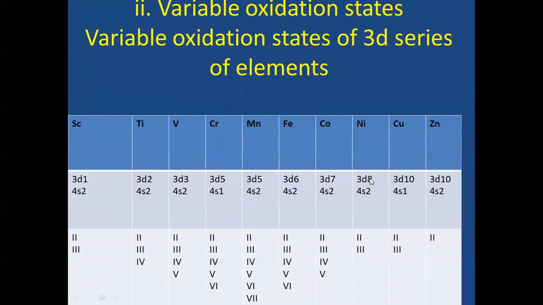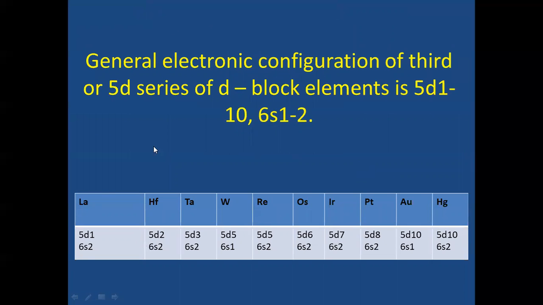Similarly, we have the next series, again similar, because as I told you earlier, in the periodic table we have classified the elements on the basis of atomic number, or you can also say they are arranged in order of their electronic configuration.